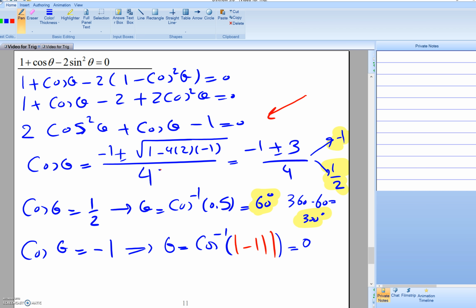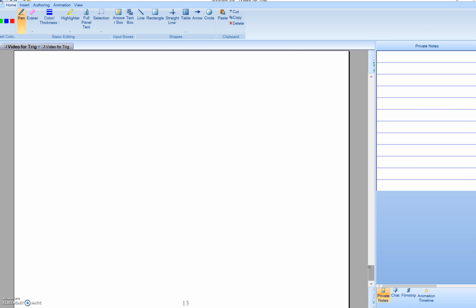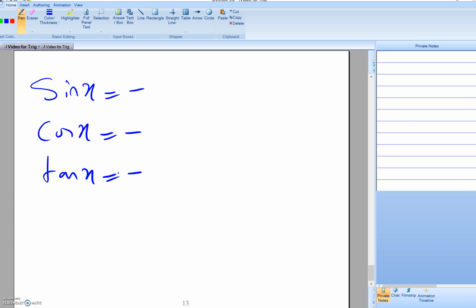Okay, so if I have a negative value for sine x, or for cosine x, or tangent x, I use sine inverse or cosine inverse or tangent inverse on the positive value, but the angle that I find is not my answer.